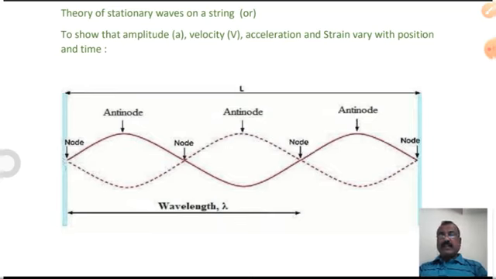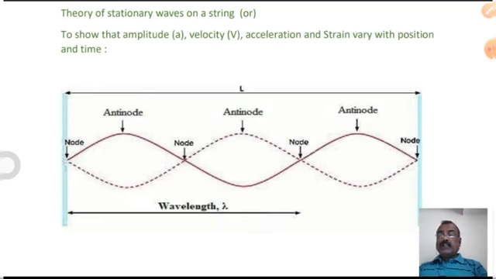Let us consider a string. This is one string of length L. L is the length of the string. Let us consider this wave is moving like this, and gets reflected at this position and superimposed, forming a new type of wave called stationary wave.